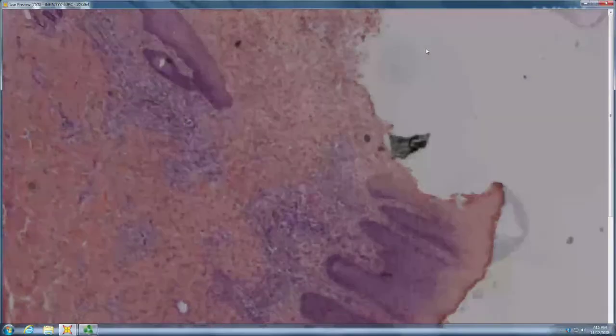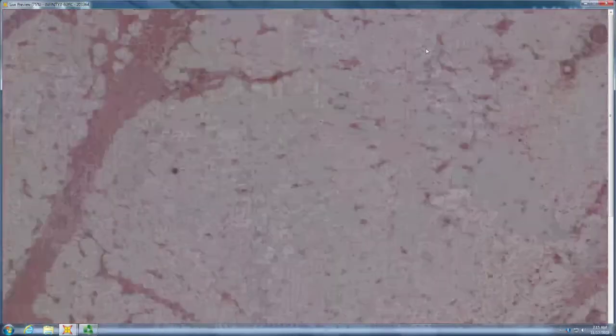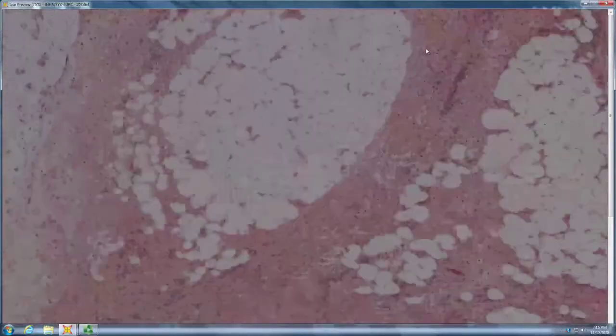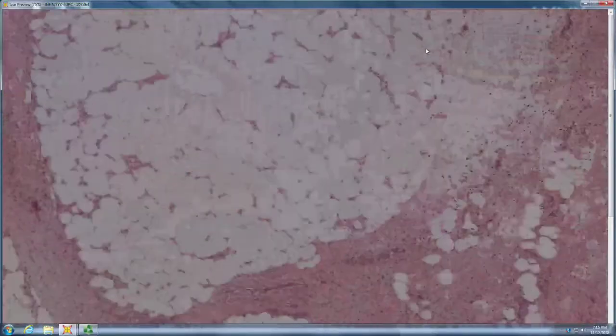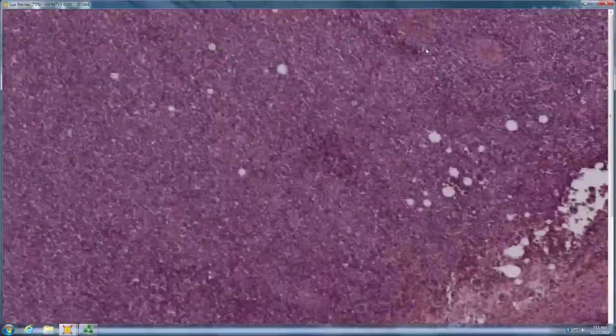It's like a triangular punch. There's the fat. Pretty thickened septae. Some inflammatory cells, a lot of inflammatory cells, deep, very thick.